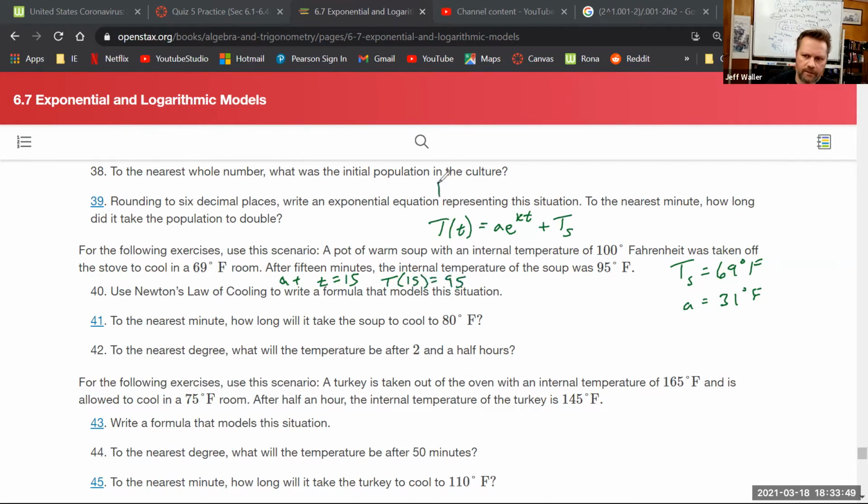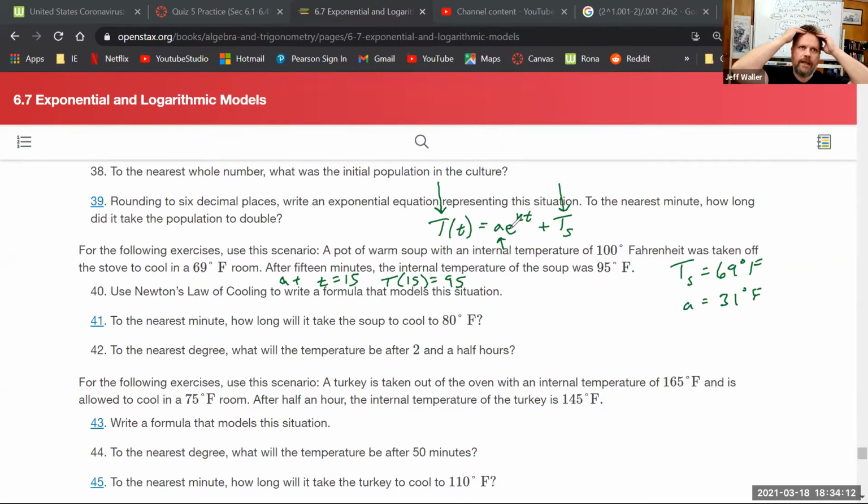This is the temperature of the object, the soup in this case. This is the temperature of the surroundings. And this is how different those are.